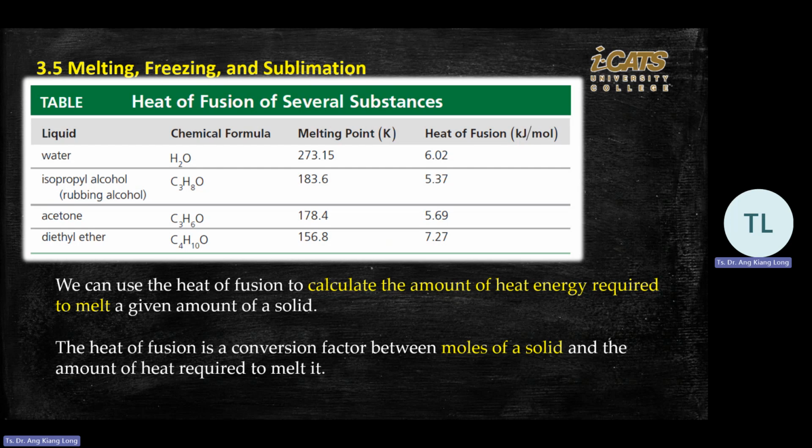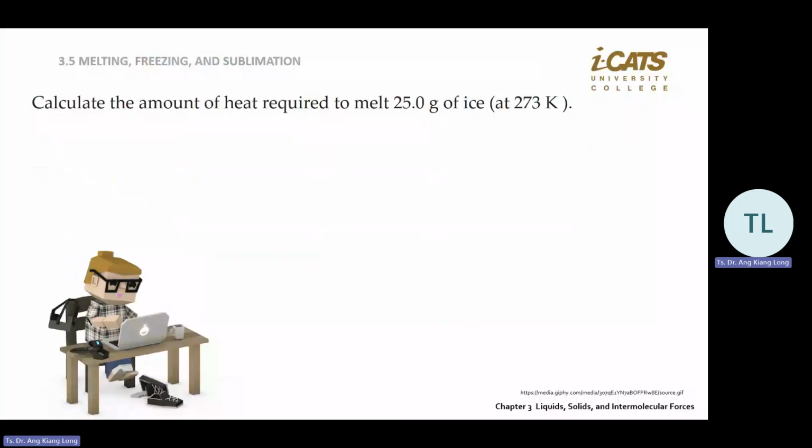Okay, so if you understand, you should be able to do this question. Calculate the amount of heat required to melt 25 kilogram of ice at 273 Kelvin. This one refers to the table just now. So 1 mole of ice.